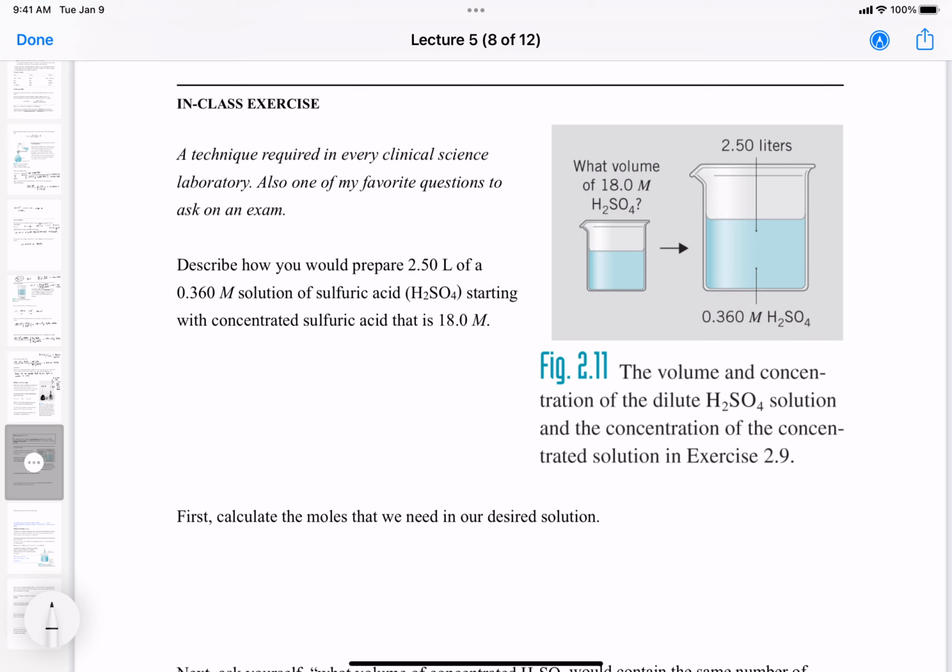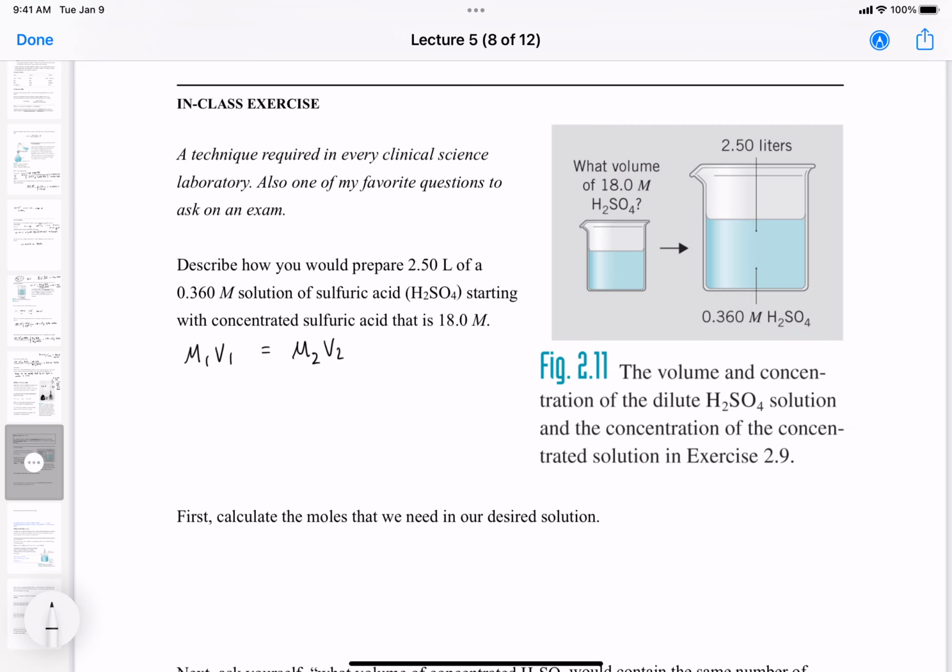Okay, so first let's calculate the moles that we need in our desired solution. One thing we could do is use the M1V1 equation: M1 times V1 equals M2 times V2. But I won't use this equation yet, I'll go back to this.